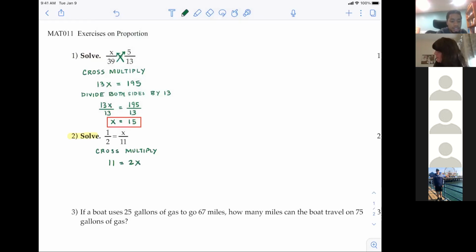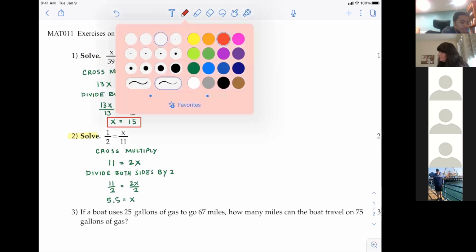And now what do I do? Divide both sides by 2. Very good. So we divide both sides by 2, and I end up with 5.5, is that right? So that would have been our answer.